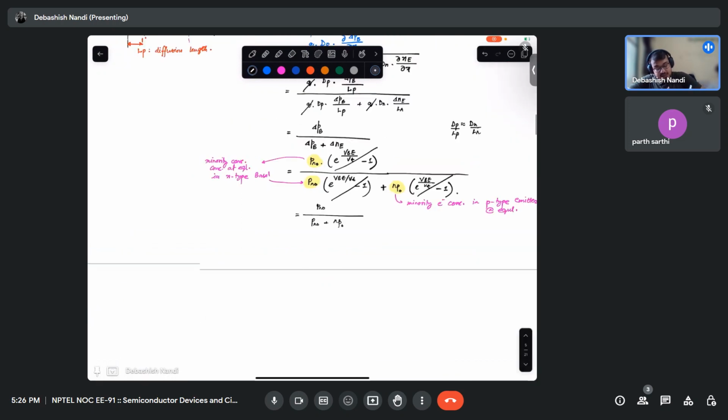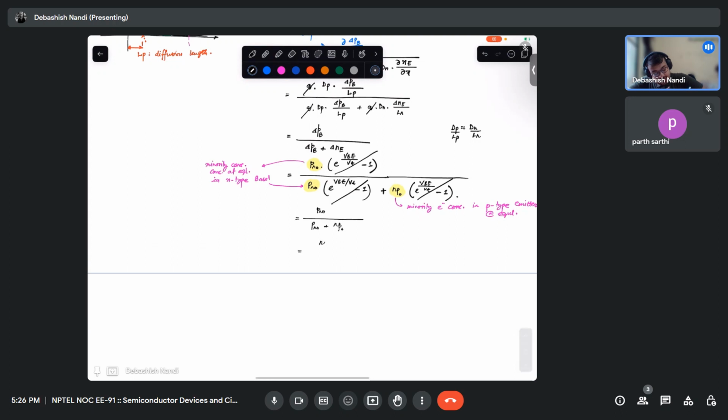So what is your P_n0? P_n0 is nothing but the intrinsic carrier concentration squared by P_p0... no, by N_n0. So it is N_i squared by N_n0, and similarly N_i squared by P_p0. Fine.